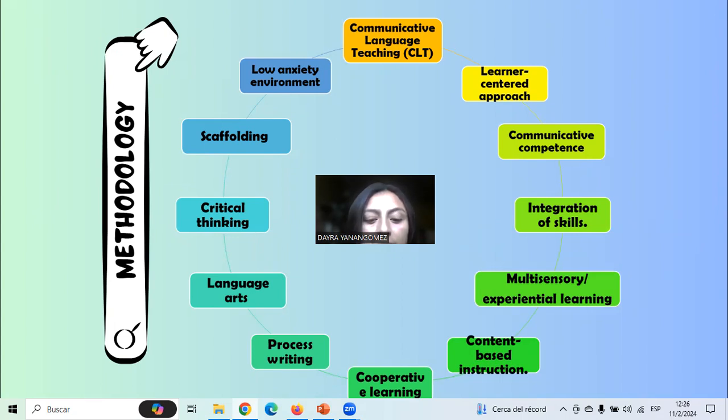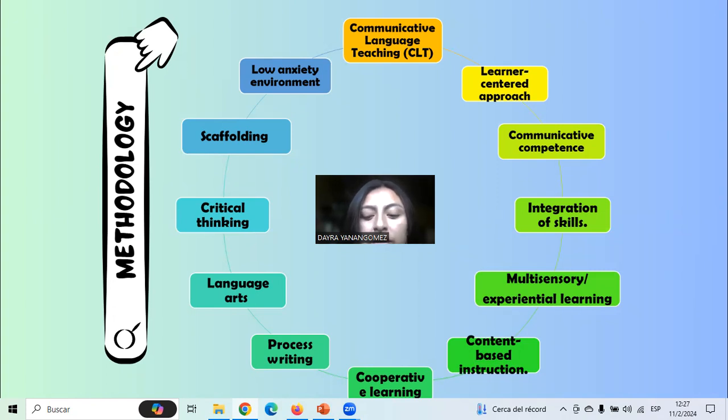Communicative language teaching: there is a major focus on developing communicative competence and the ability to communicate in English in real-life situations. Learner-centered approach: the curriculum takes into account the learner's developmental level, needs, interests, and learning styles. It also focuses on meaning and communication over accuracy.